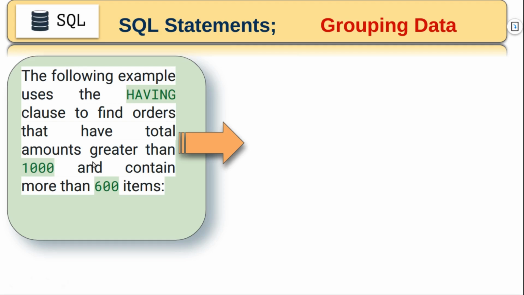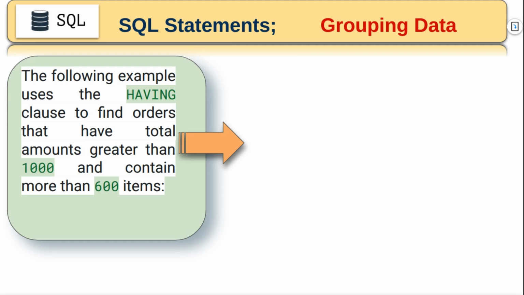In this example we are using the having clause to find the orders that have total amount greater than 1000 and contain more than 600 items. That means whatever group we had made, on those groups we are imposing the condition, right?